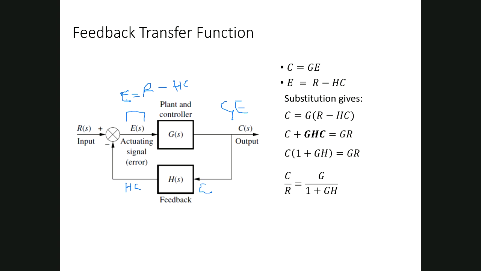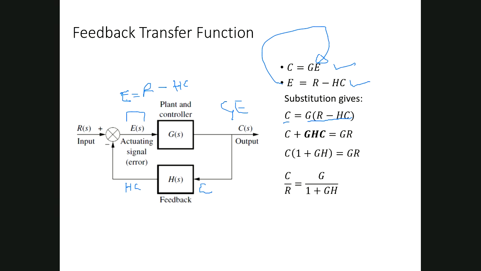And then we know that C is G times E, and E is this. So let's substitute for E in this equation. That means C is G times (R minus HC).